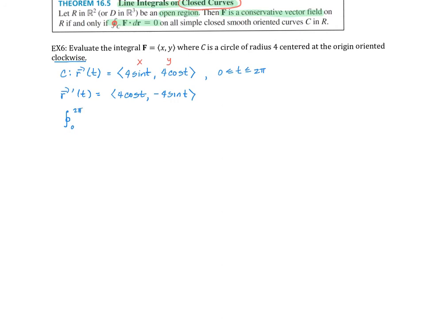And if you're given an integral with that circle on it, you should continue to write it that way, is the vector field xy dotted with the derivative, 4 cosine t, negative 4 sine t, dt.